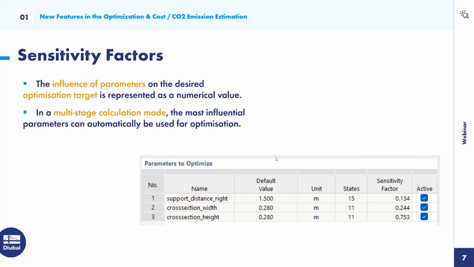So in the first stage, it calculates an estimation for the sensitivity factors. And then in a second step, the program automatically activates some parameters, not all, depending on what you have set up in the configuration. I will show it on a small example now.